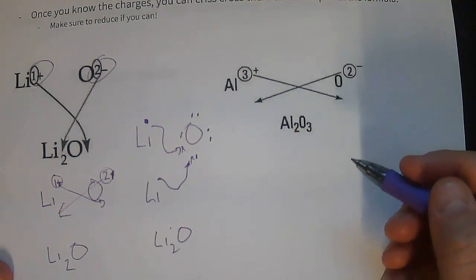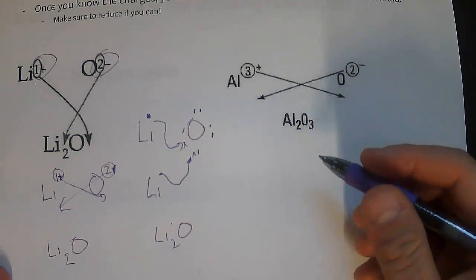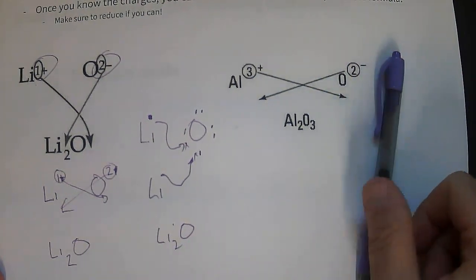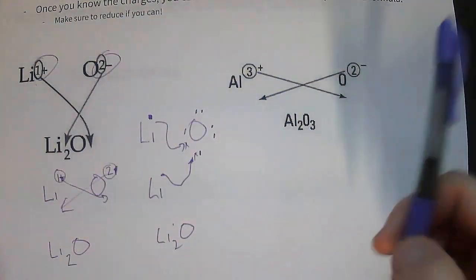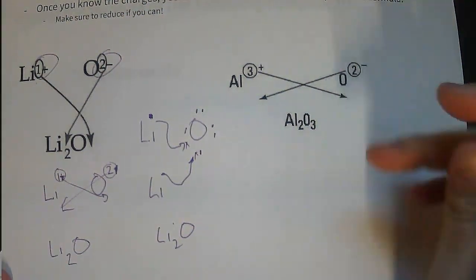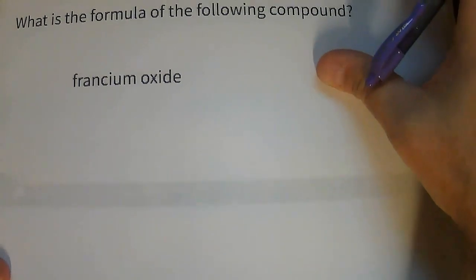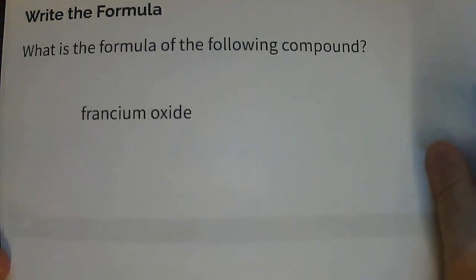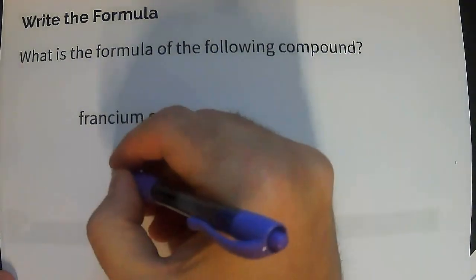Okay, the crisscross works. You'll hear me say this a lot in class, like, everybody clap your hands. Right? And so we're going to crisscross. In order to do this, we need to know the charge of these things, and that's something we can get from the periodic table.